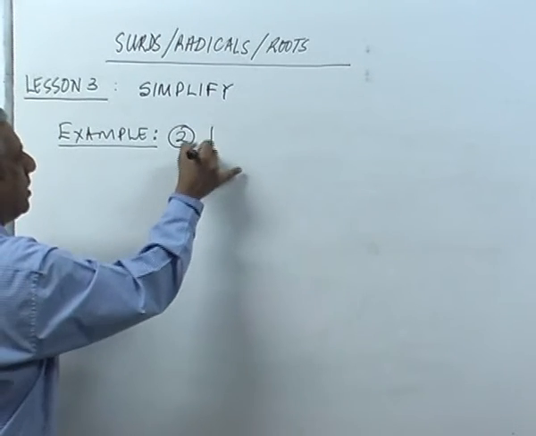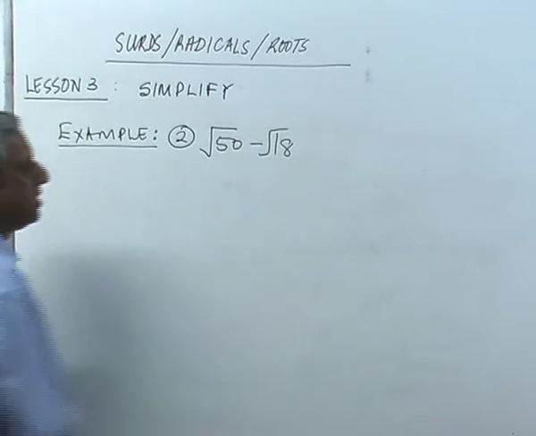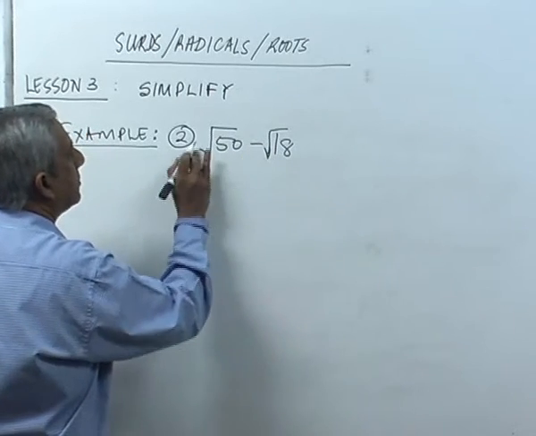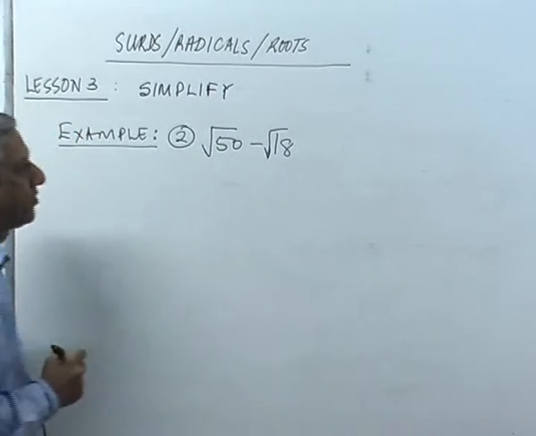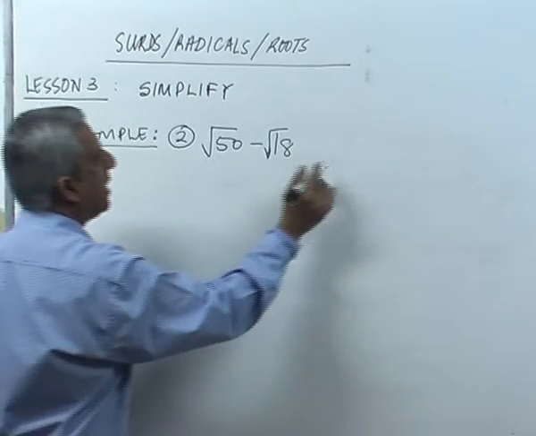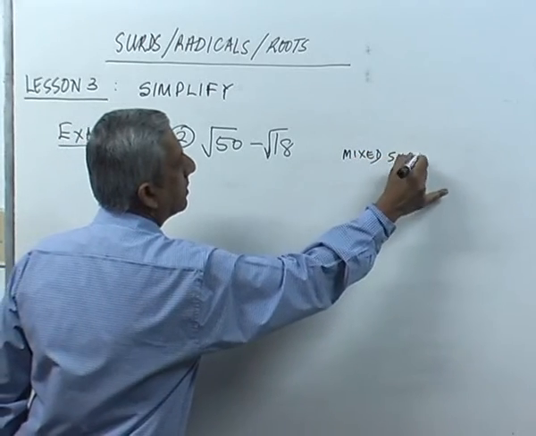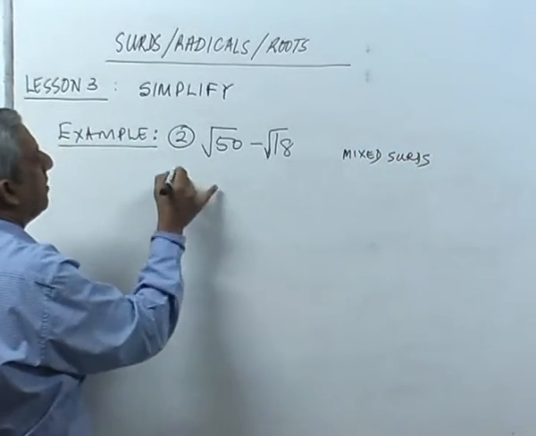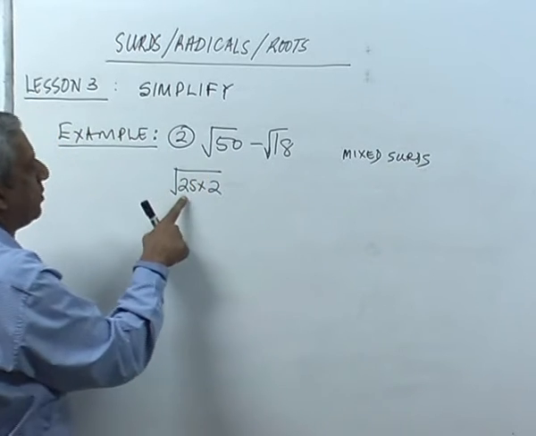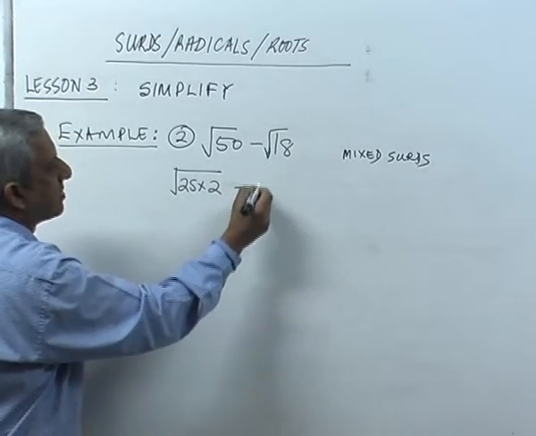Example 2. Square root of 50 minus square root of 18. Once again, when you look at the example, you realize that you can write this as mixed surds. So this becomes square root of 50, you break it up into a perfect square and another factor, 25 times 2, minus.